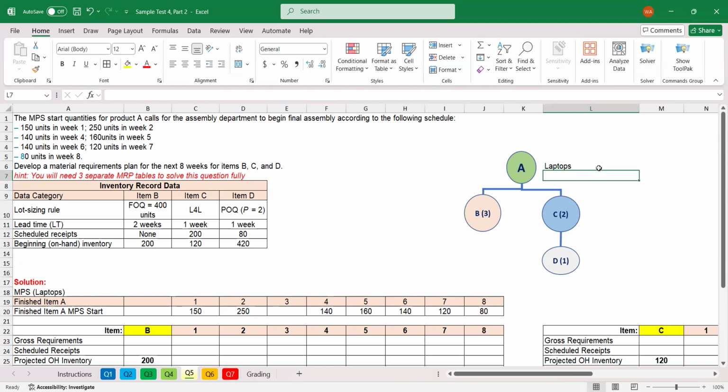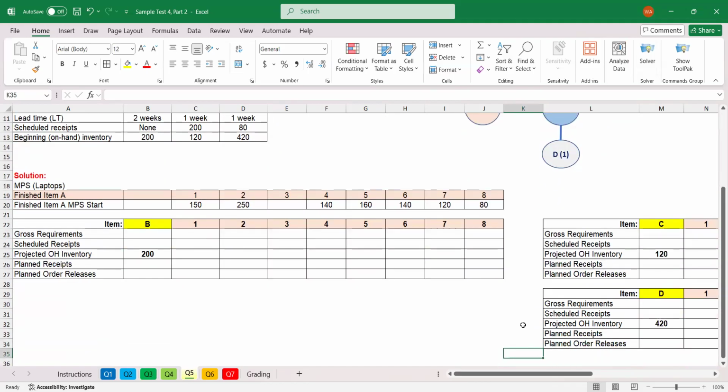And to make laptops, you need different subcomponents. So B is one subcomponent, C is another subcomponent, and C requires item D. So you'll see on the tables here that you're going to have a table for B, a table for C, and a table for D. And do these tables in sequence, starting with B.